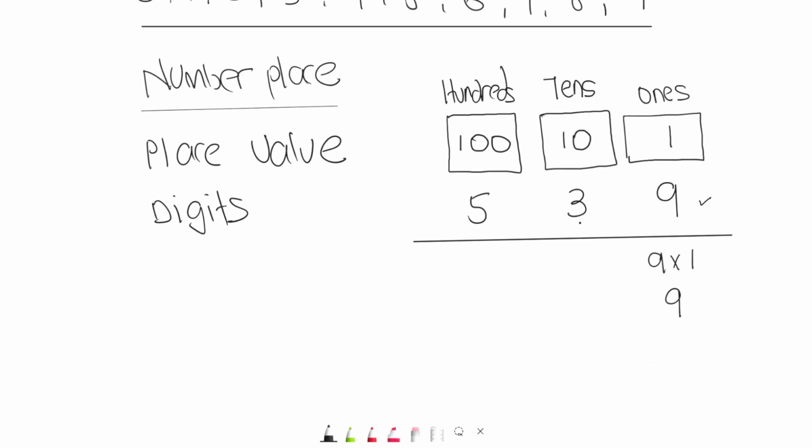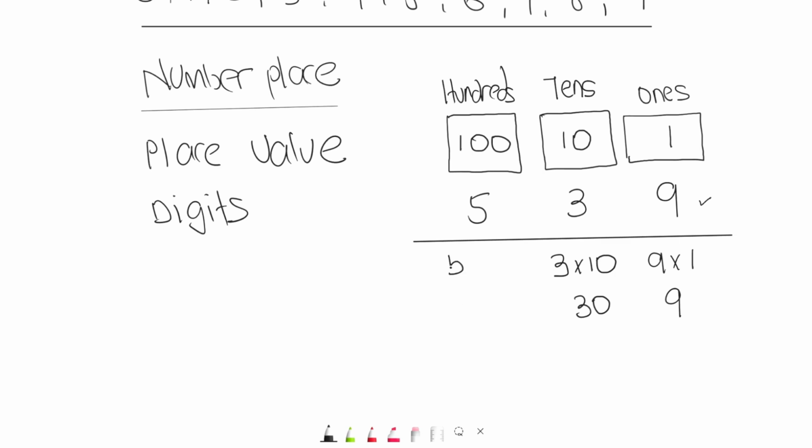Here, the digit 3 is placed under the tens number place. That means it is 3 multiplied by 10, which means there are three groups of tens, so the total quantity would be 30. That will be the value of the digit 3 in the tens place value.